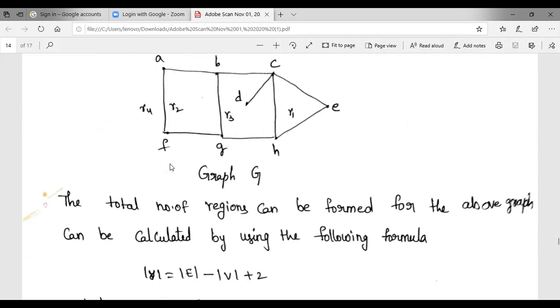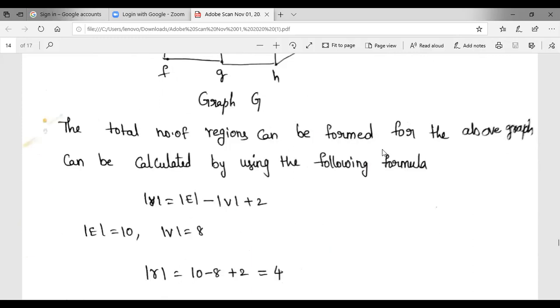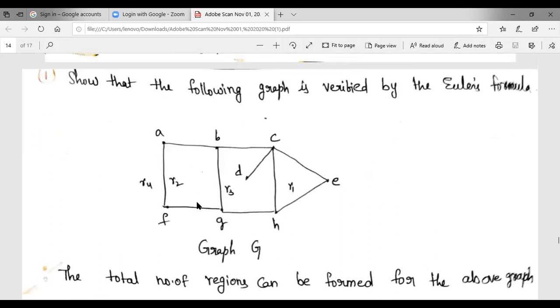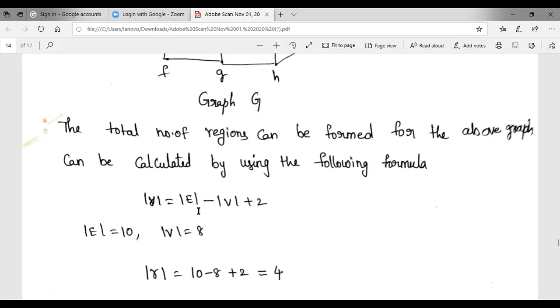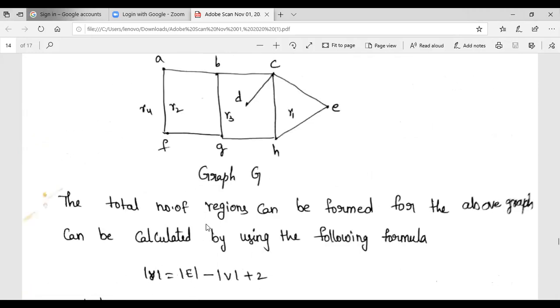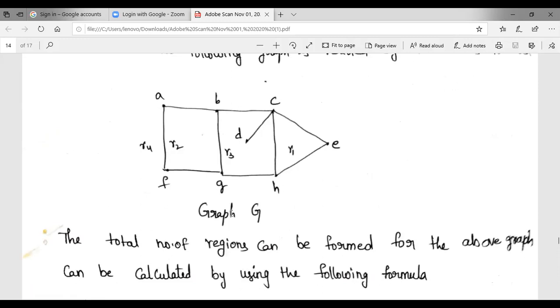The total number of regions for the graph can be calculated by the formula: number of regions R is equal to number of edges minus number of vertices plus 2. The given graph has 1, 2, 3, 4, 5, 6, 7, 8, 9, 10 edges and 8 vertices. So the number of regions is 10 minus 8 plus 2, which is equal to 4. So the given graph can be divided into 4 regions.